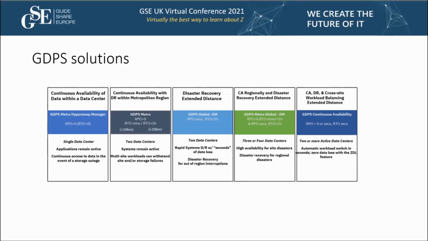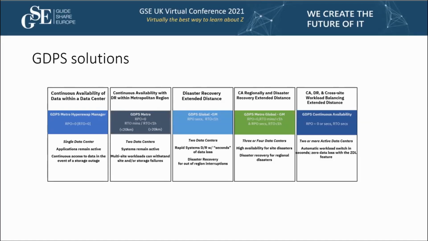And finally, at the far right of the slide, we have GDPS continuous availability, which offers continuous availability at extended distance, thanks to a completely new approach using software replication rather than hardware replication of GDPS solutions.